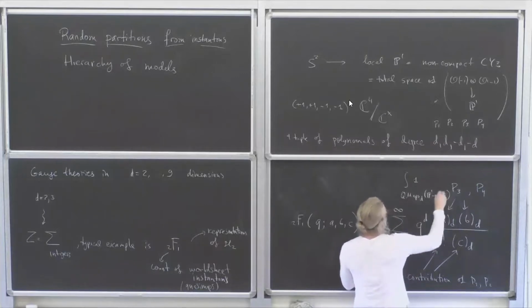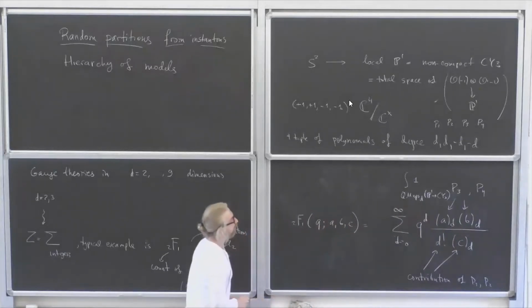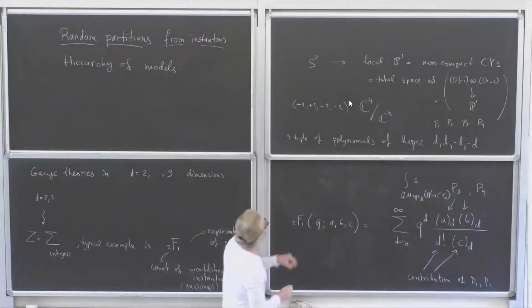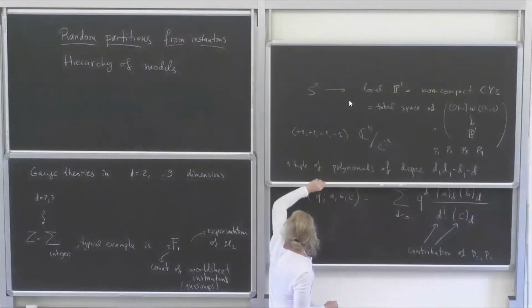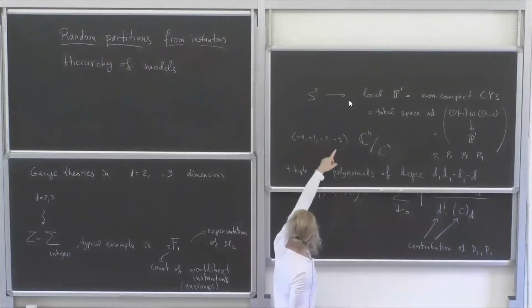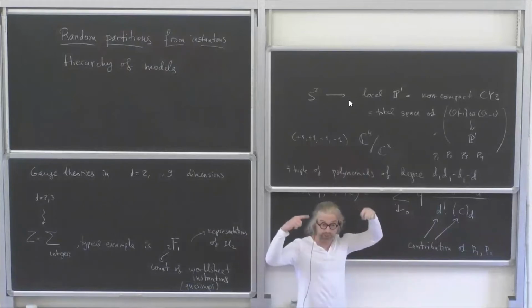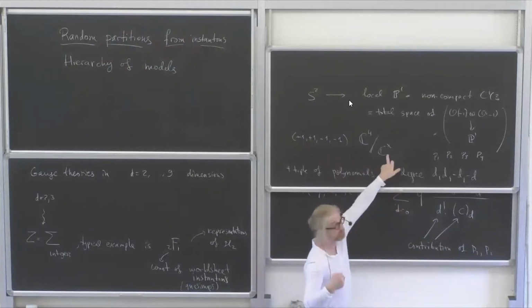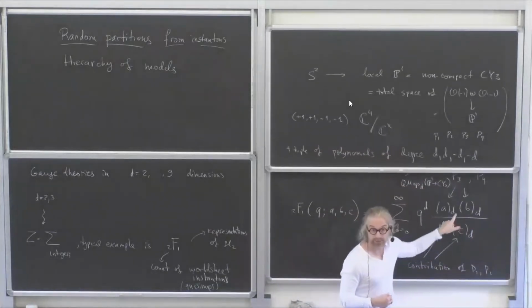And then the parameters A, B, and C have a meaning of the equivariant parameters for the global symmetry of that space, which rotates these coordinates. So I have C4, so in principle I can have 4 independent rotations, but one of them is trivial because we're gauging by 1 C star. So we're left with 3 parameters, and these are essentially A, B, and C.